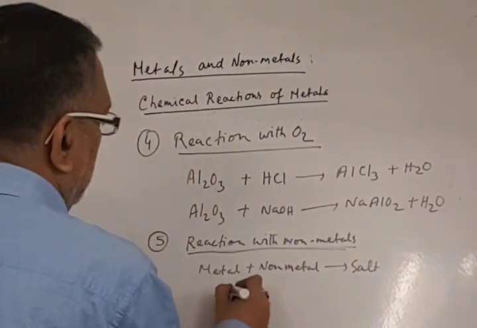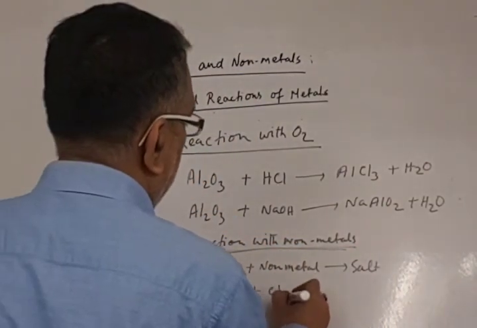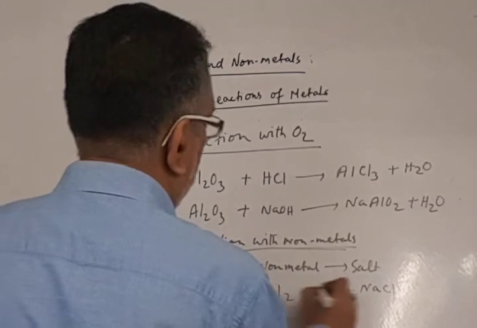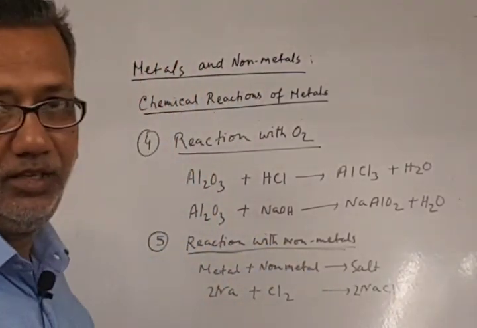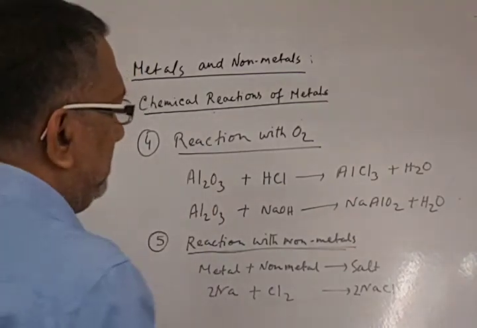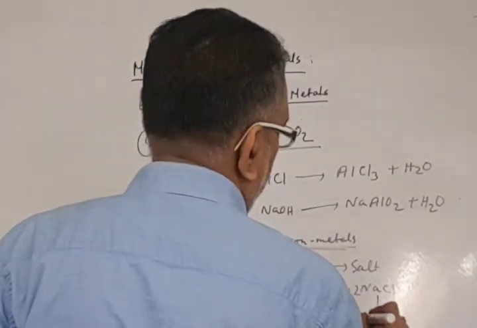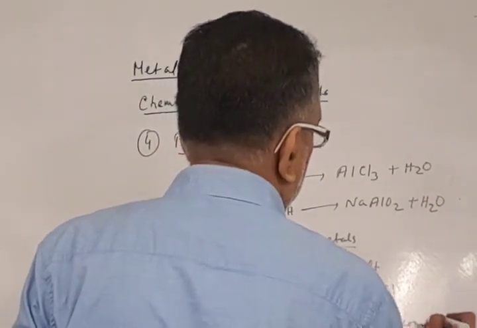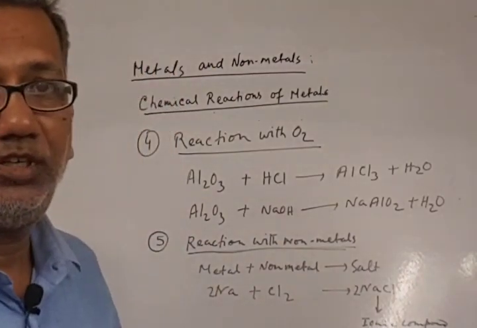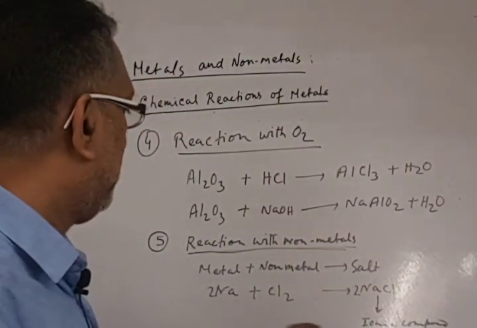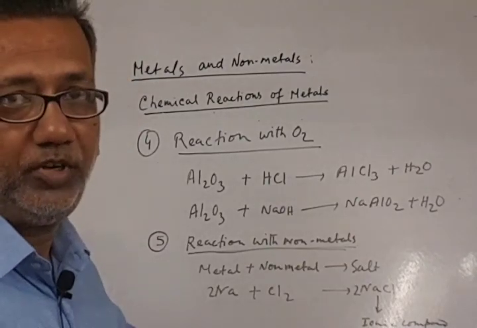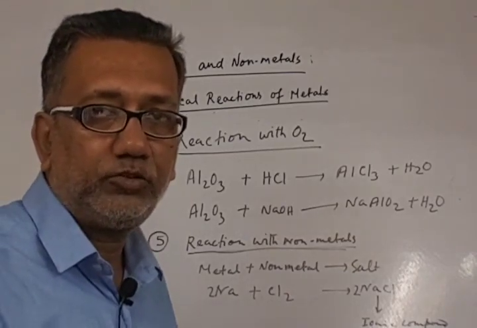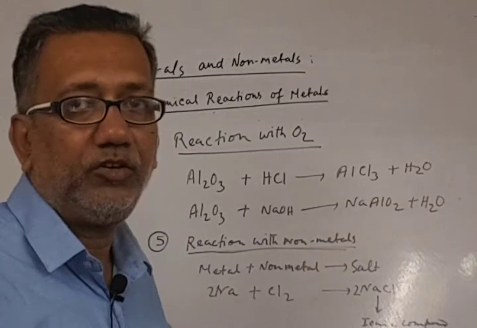Suppose sodium reacts with chlorine to give NaCl, 2Na plus Cl2 gives 2NaCl. And this NaCl is mainly an ionic compound with high boiling and melting points and also has conductive properties. So metal and non-metal always react to produce a salt, which is an ionic compound.